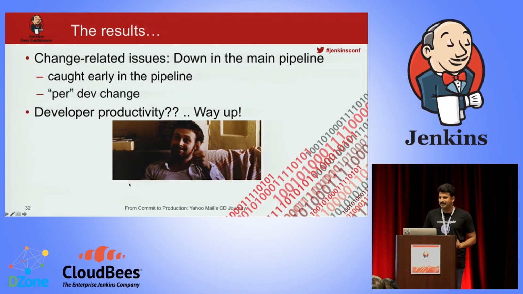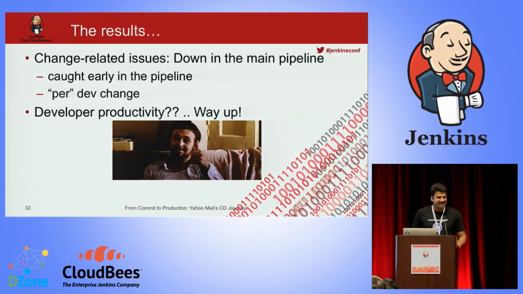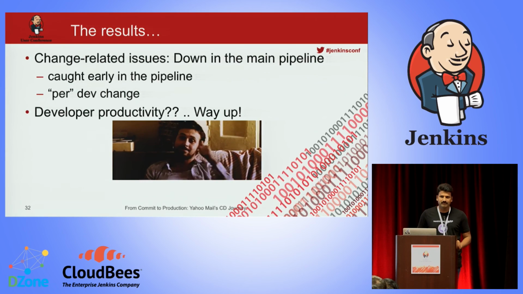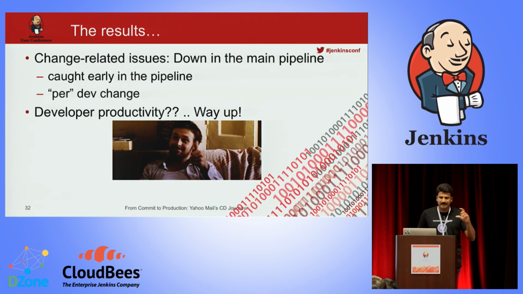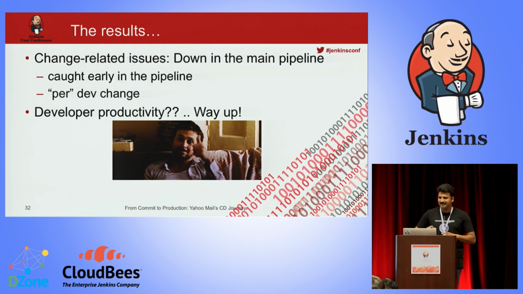They're all happy. No more merge freezes, definitely, because that was one of the major complaints with the single pipeline flow. There were a lot of merge freezes, but now there are none. And the developer who writes bad code will definitely get caught early.